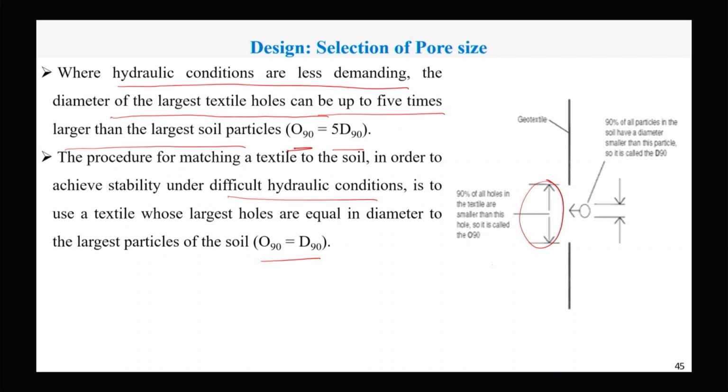But when the situation is less demanding, very smooth flow, then we can have larger pores. Always our idea is to have the largest pore size possible, because we need to allow the water to flow smoothly. There should not be any water logging. At the same time, soil loss should not be there.